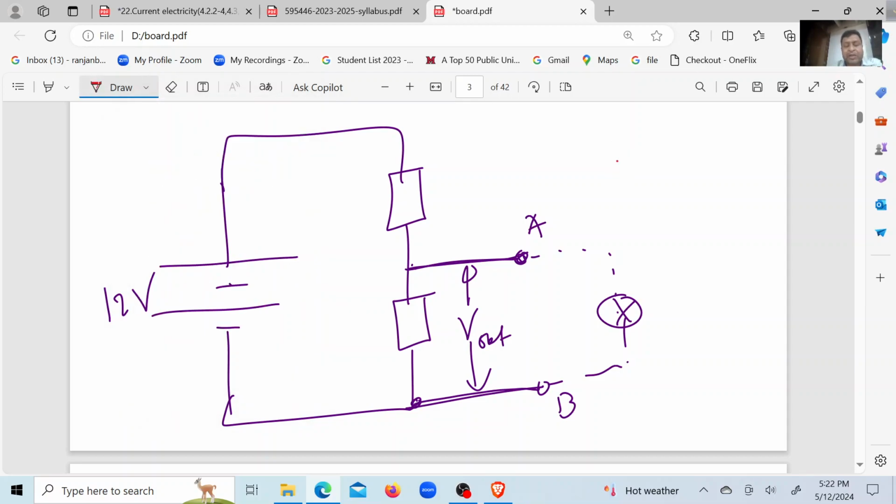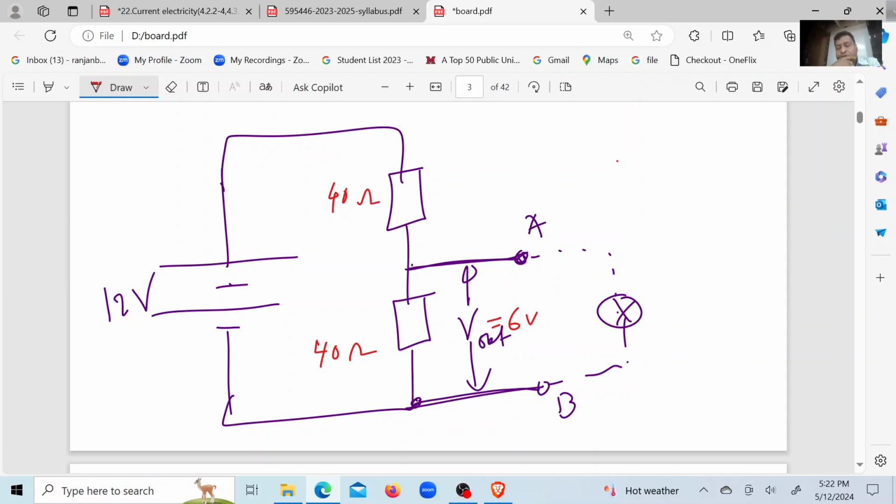As for example, if this resistance is 40 ohm and you want 6 volt right now here, then choose the resistance for this resistor as 40.